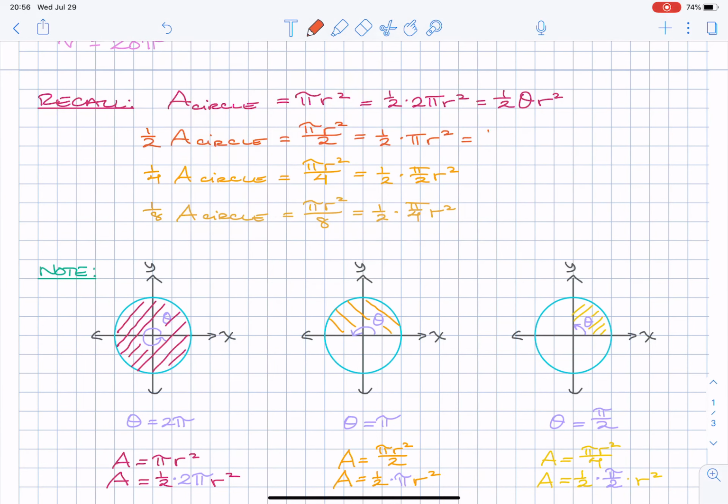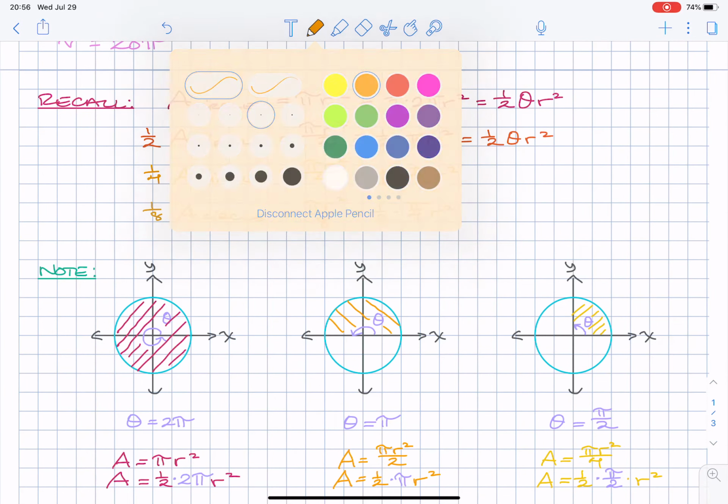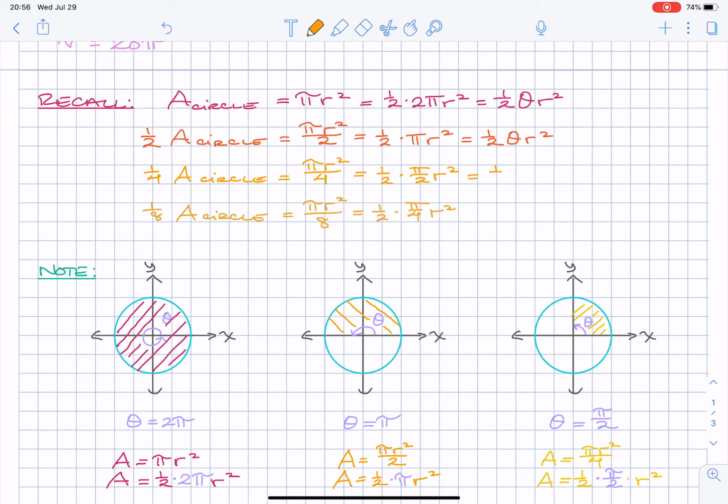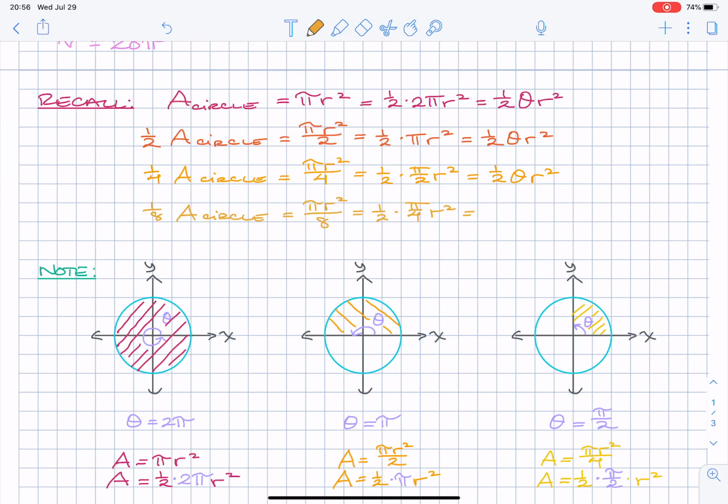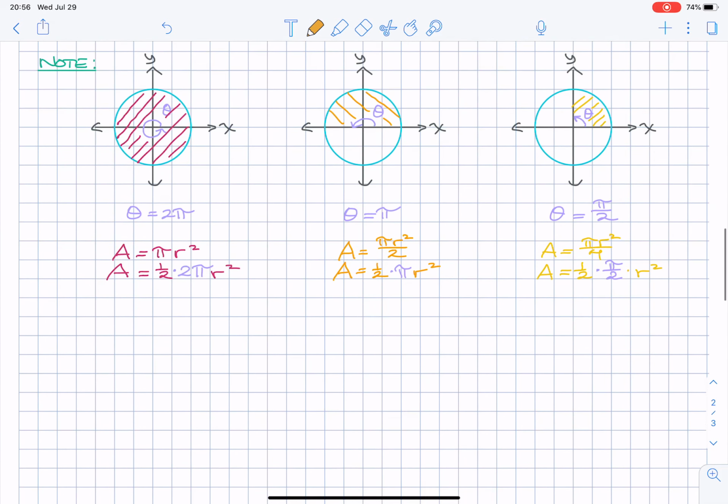That subtends that much of r, so 1/2 the angle theta r squared. Notice that's what we have here, 1/2 and each of our angle thetas times the radius squared.